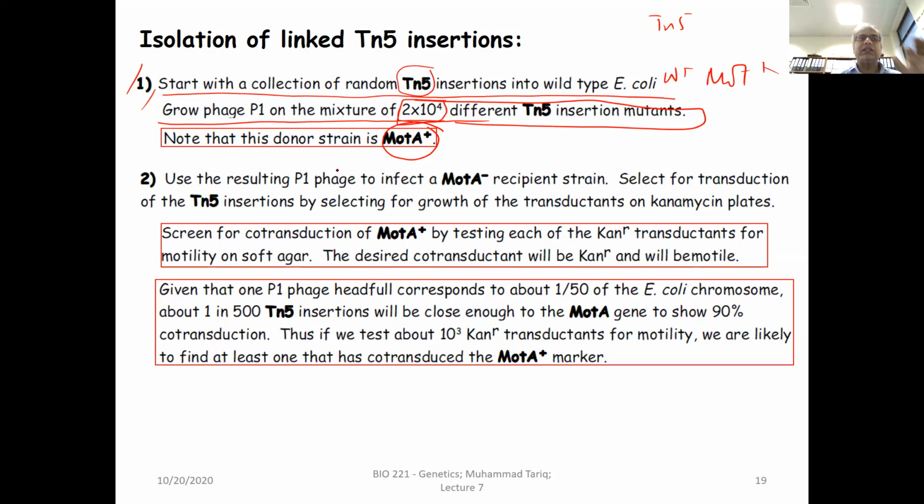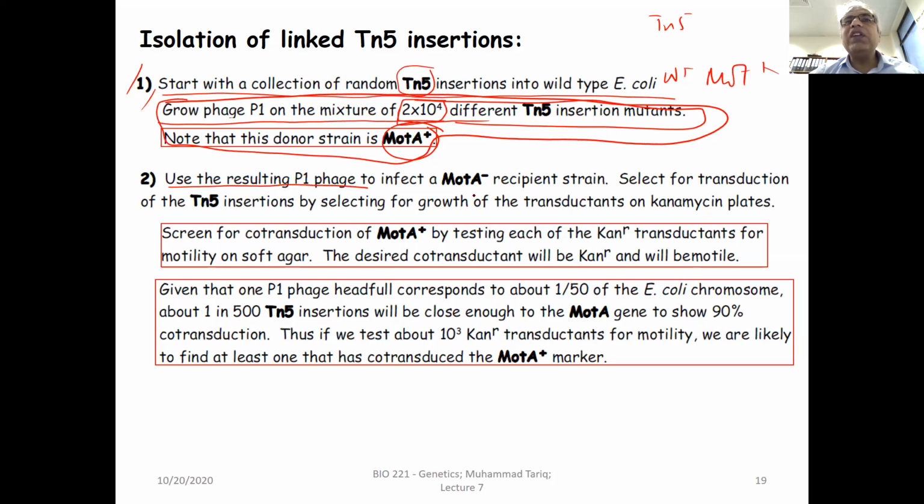Now you use the P1 phage, which grew on this strain, all the P1s which grew here. You infect the motility minus mutant strain and select for transduction of kanamycin.